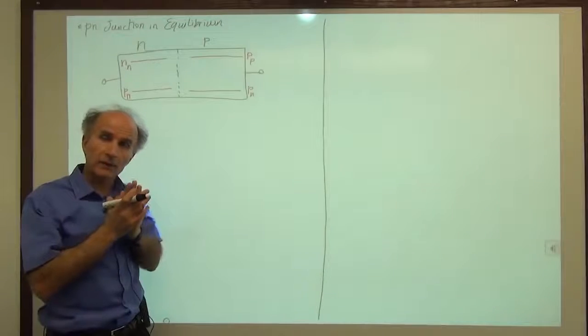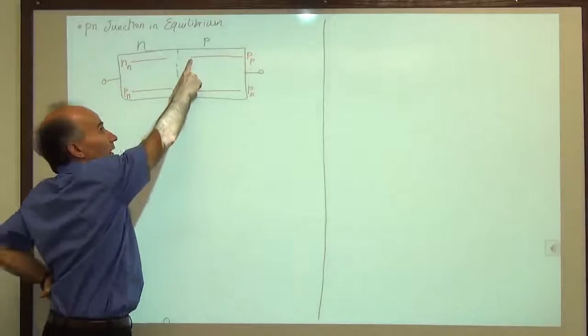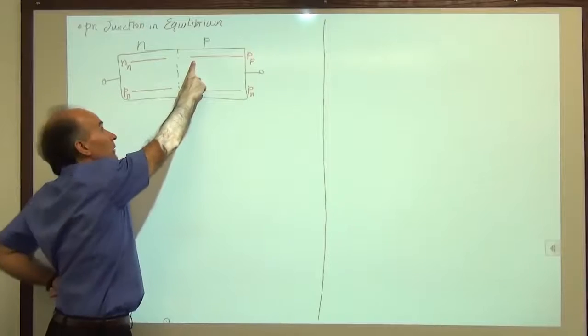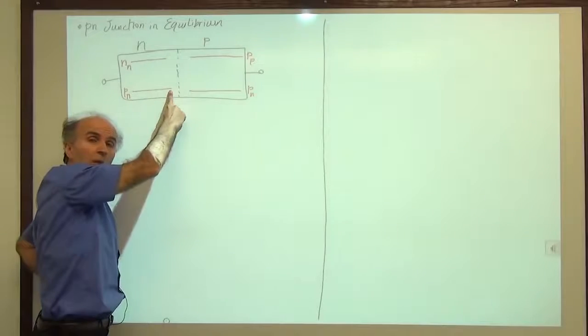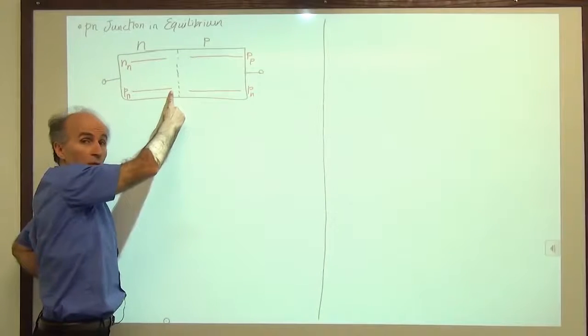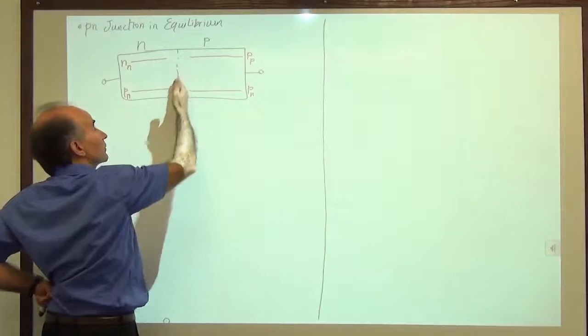Now when they come together, something interesting happens. If you look here, we have lots of holes. We have a high concentration of holes on the right. We have a low concentration of holes on the left. So what should happen? We should have diffusion, because that's how conditions for diffusion are provided.